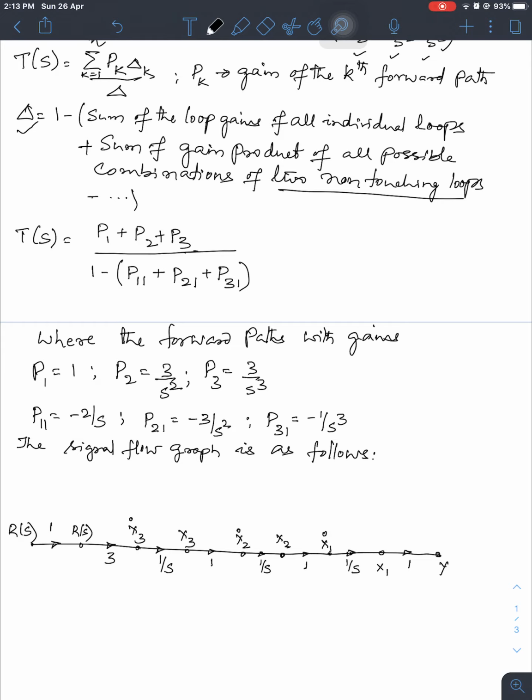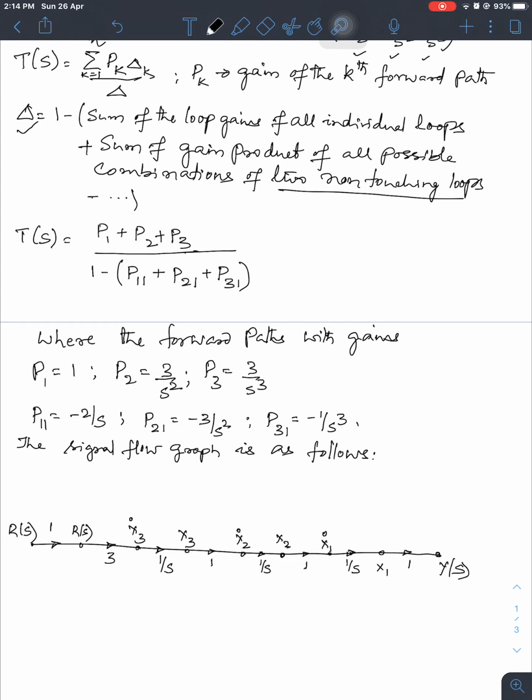However, if you look at the first forward path, this is the first forward path which has a gain of unity that has to be synthesized. So what we have synthesized now is 3 by s cube. If you travel from R of S to Y of S, you will pass through 3, 1 by s, 1 by s, 1 by s. It's going to be 3 by s cube. This is one forward path we have completed.